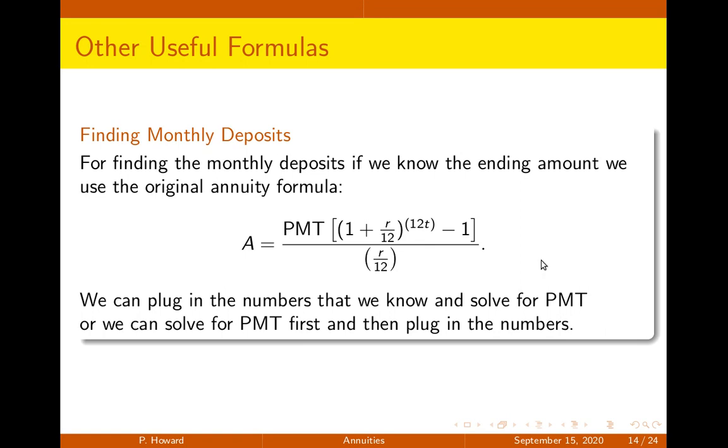The other possibility for doing this kind of calculation, finding the monthly deposits, is to first solve the equation for PMT and then plug in the numbers. There's a little bit more algebra involved that way. So let's try an example.